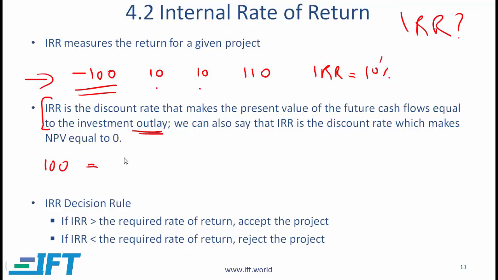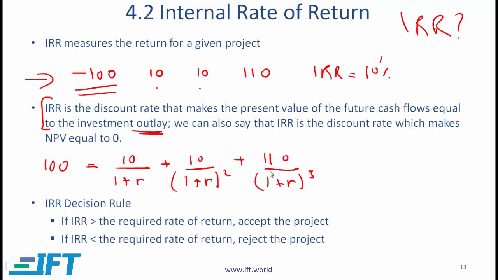That is equal to 10 divided by 1 plus R. The R is what we will be calculating. Plus 10 over 1 plus R squared plus 110 over 1 plus R cubed.